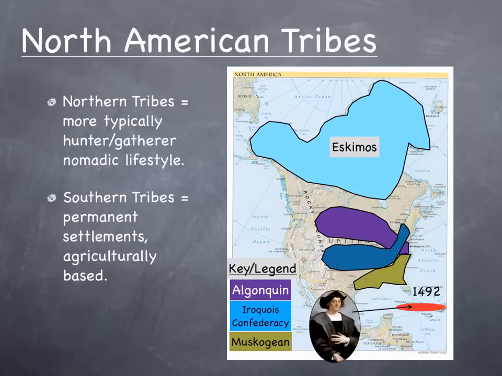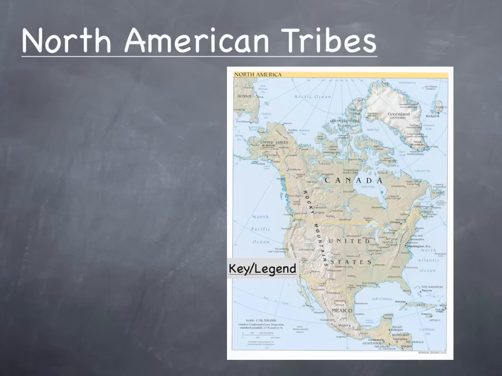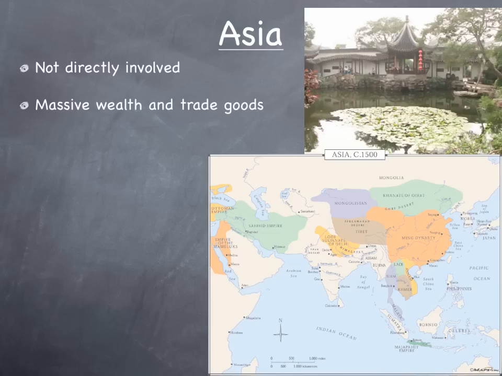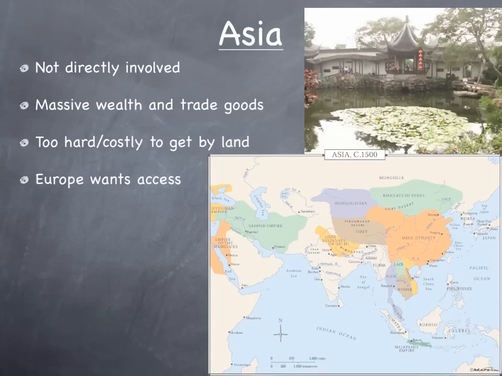So on his first travel over, he lands in the Caribbean islands, mainly in Hispaniola. Anyways, so he hits the Caribbean islands, and he brings back some natives that he captures.